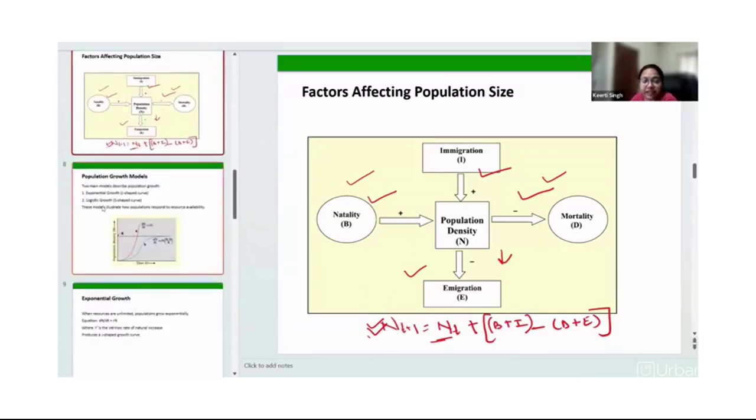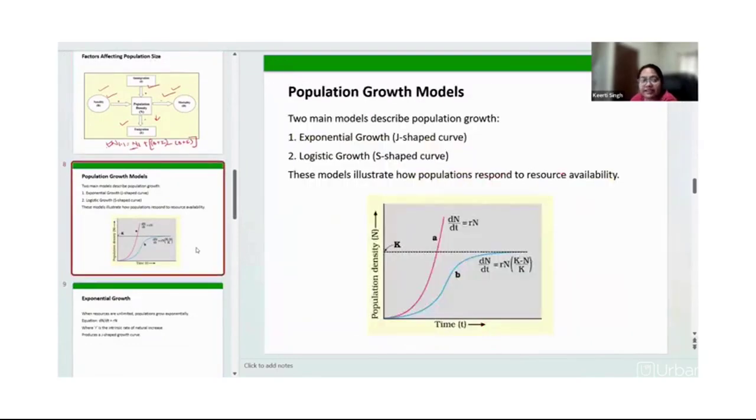Okay. Now, after studying the size of the population, we are going to study the growth models, right? That can be used to define a particular population, right?